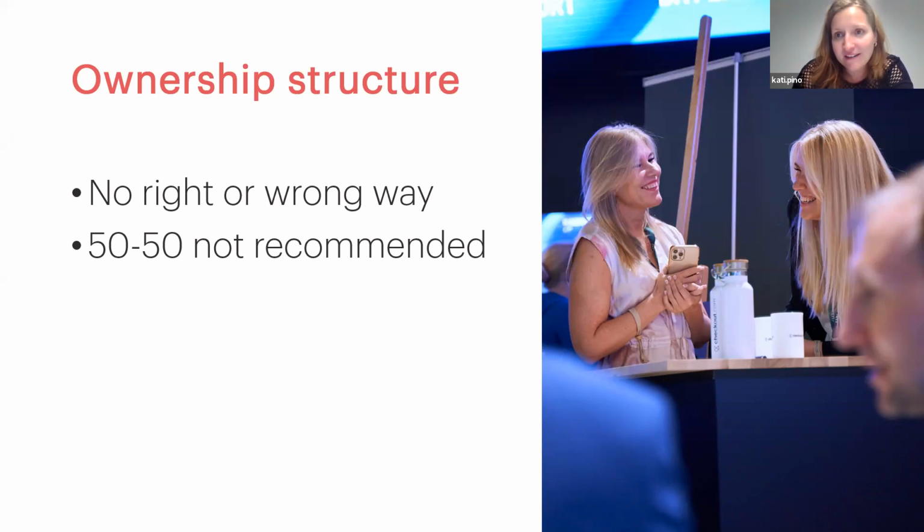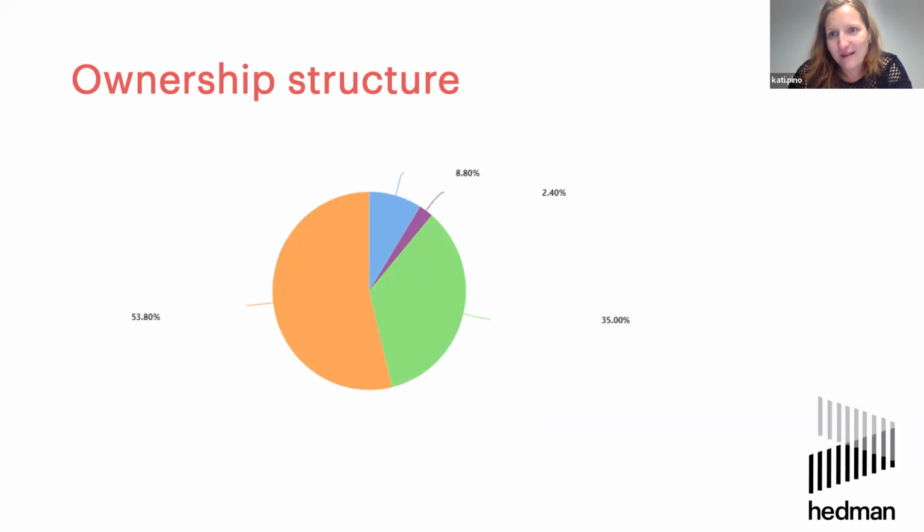I have some examples for you again, also real life examples. Now the Estonian commercial register shows the ownership of companies in this nice pie chart. Usually there are also names attached to it, but I have deleted this, so you can't very easily find which companies I use as an example. So in this case, you can see that one person has almost 54%, one has 35%, there is an 8% and 2.4% shareholding.